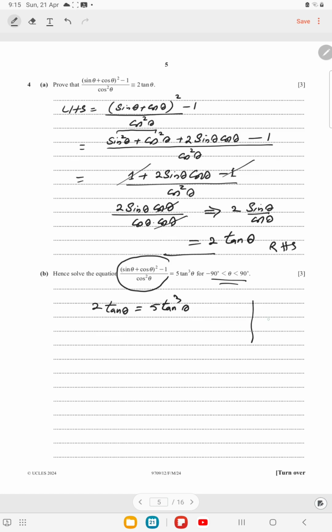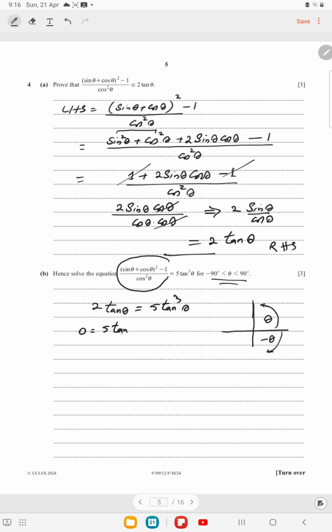It will be like this: it's either theta here, or minus theta here, in the clockwise or anti-clockwise direction.